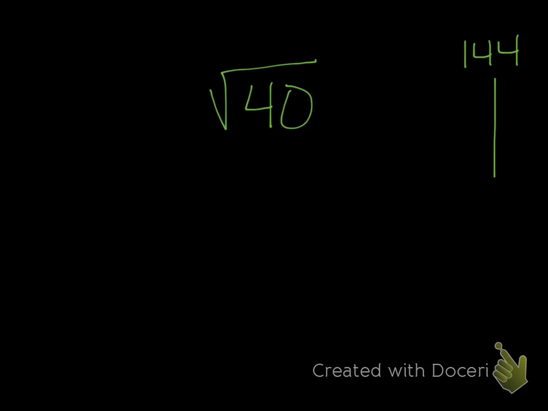So, if we go back to the square root of 40, and you think from the top down, from 144 all the way down to 1, which of those factors is actually a factor of 40? And more importantly, what's the largest, the greatest perfect square factor that you can come up with?